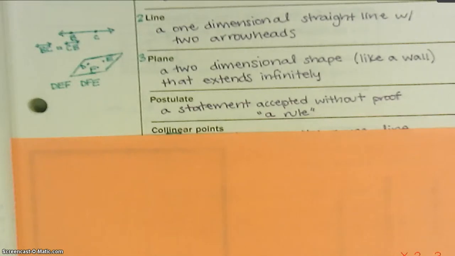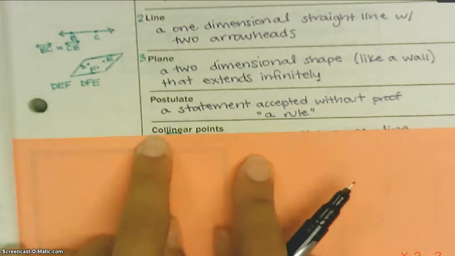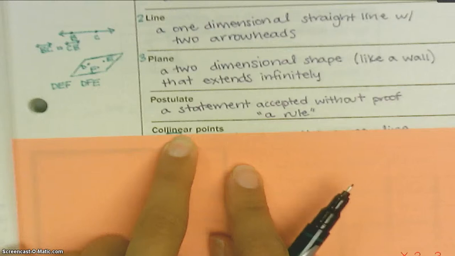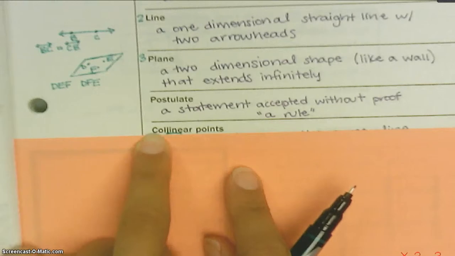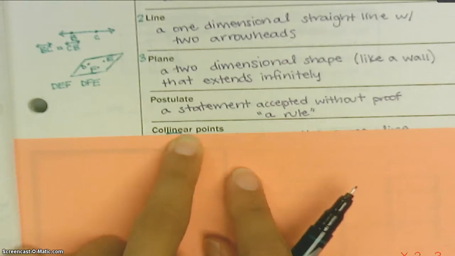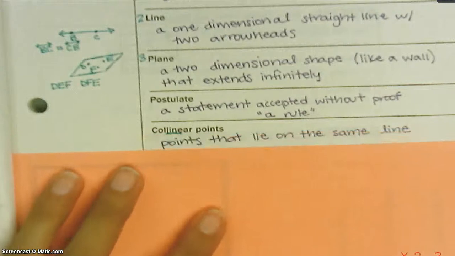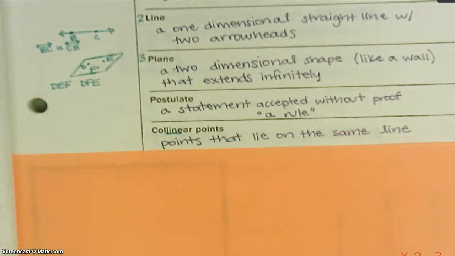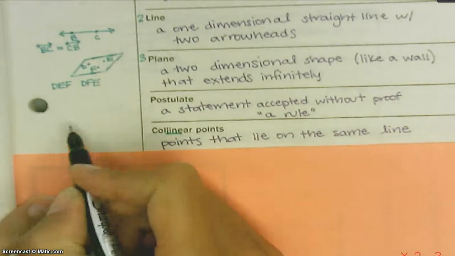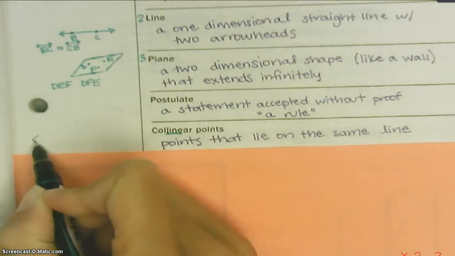If you're a co-captain, you're a captain together with somebody else, or more than one person. Right? Co-worker, you work together with other people. So co means together. Linear means line. So together on a line. Points that lie together on the same line. So here would be a picture. We've got a line.